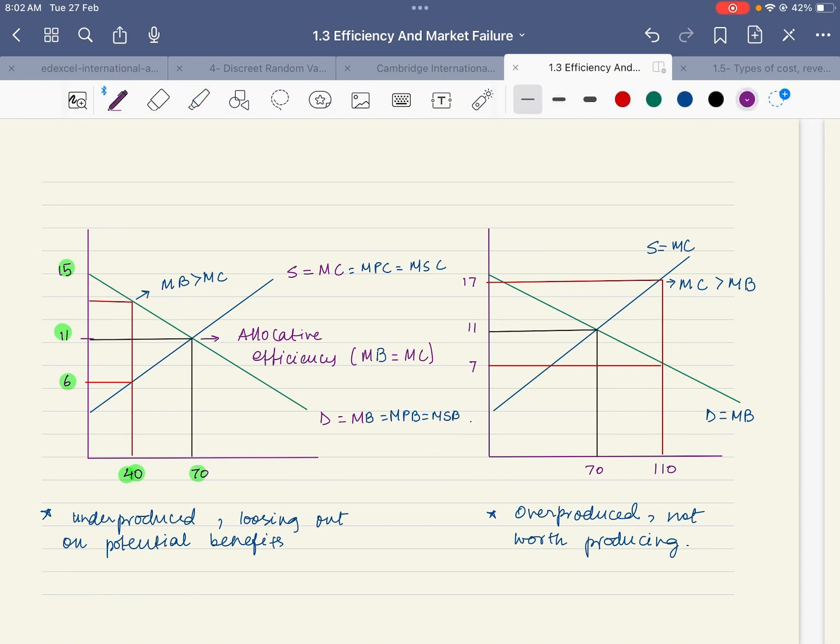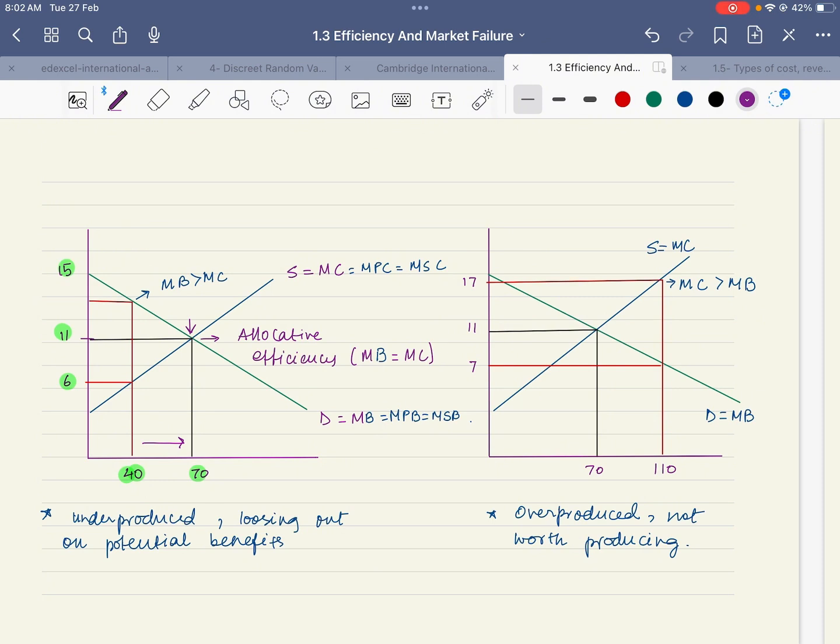If they move towards the right to the equilibrium quantity, they will reach a point where marginal social benefit is equal to marginal social cost, or private benefits and total benefits are equal to private costs and total cost, which can only be at this point where both the curves intersect.